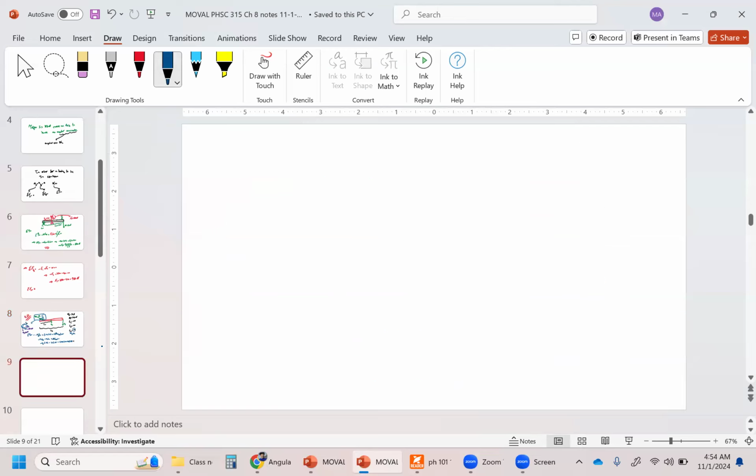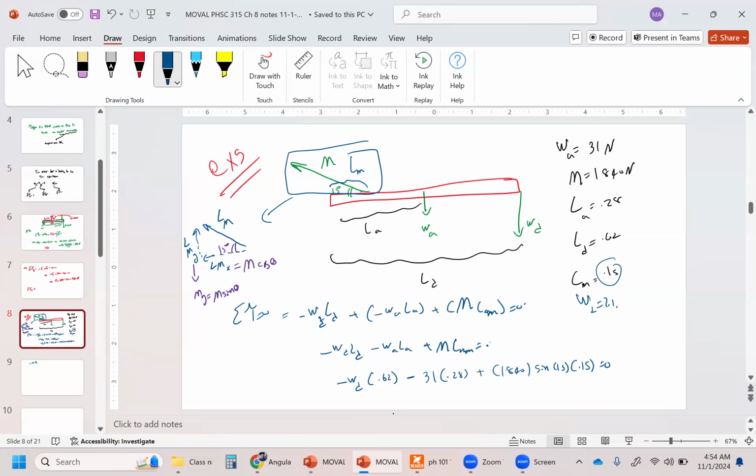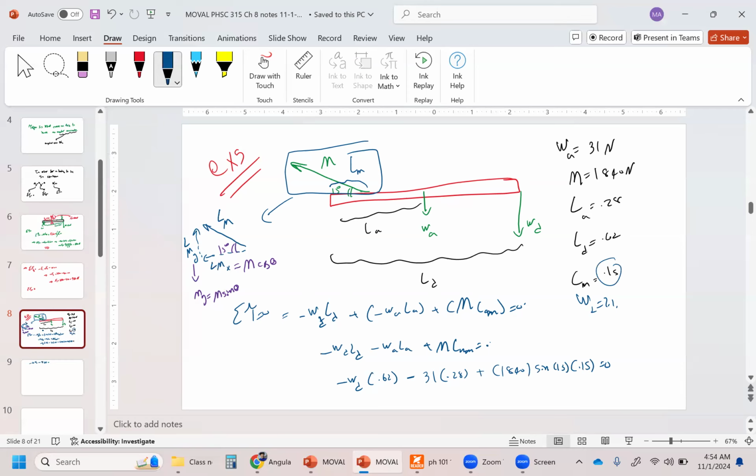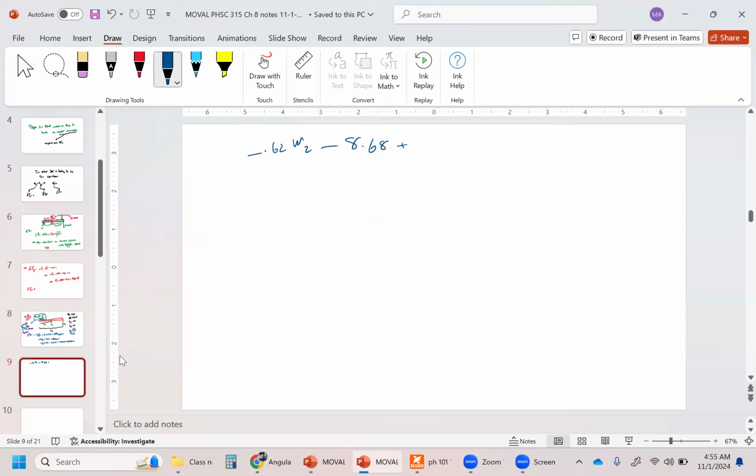Let me go ahead and write all of this down in a neat sheet. So it'll be minus 0.62 WD, minus 0.28 times 31, which is 8.68, so minus 8.68, plus 1840 times sine 13 degrees times 0.15, which is 62.087, equals 0.